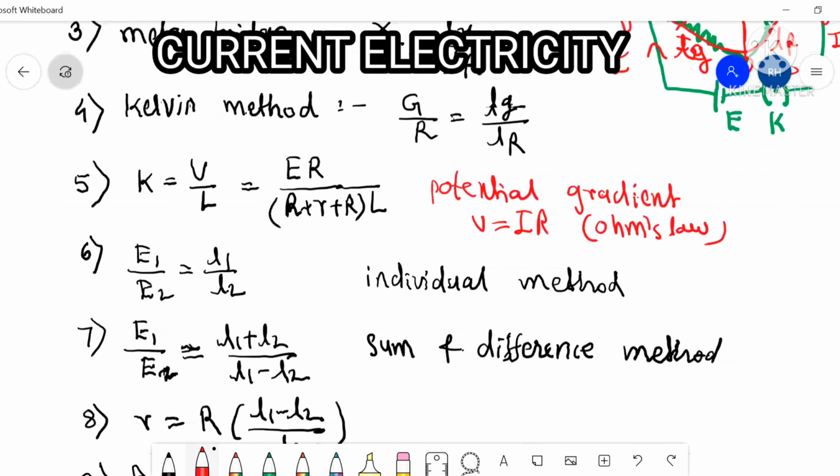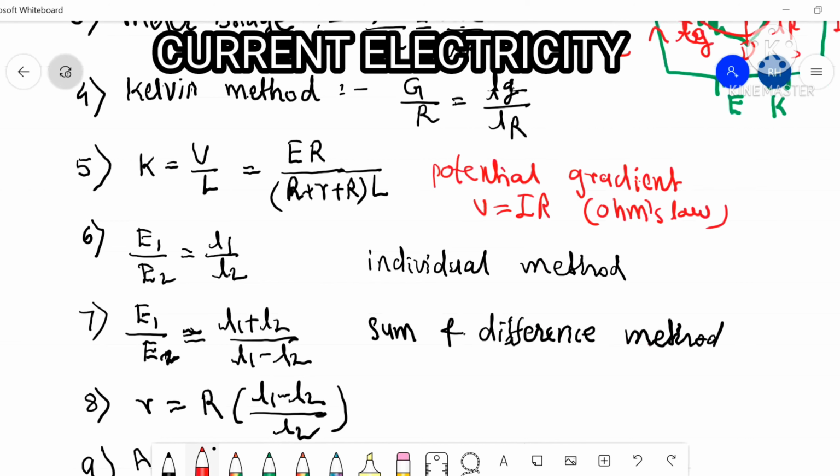Next, for the potentiometer, the applications given are the individual method, then the sum and difference method, and the last one is the internal resistance of the cell. Good.